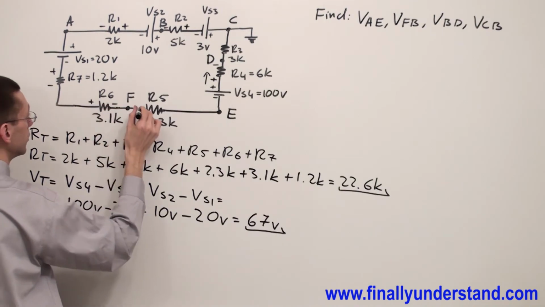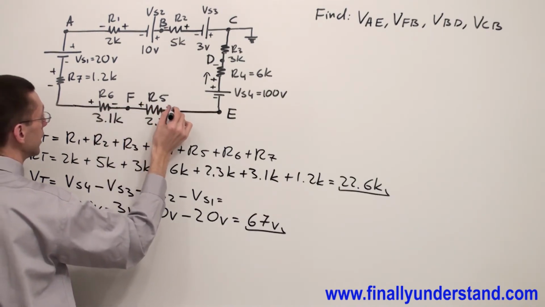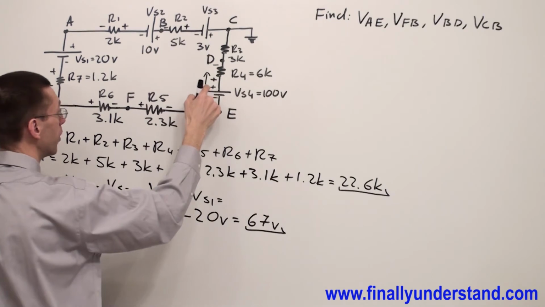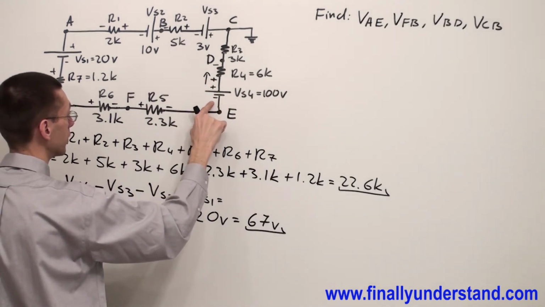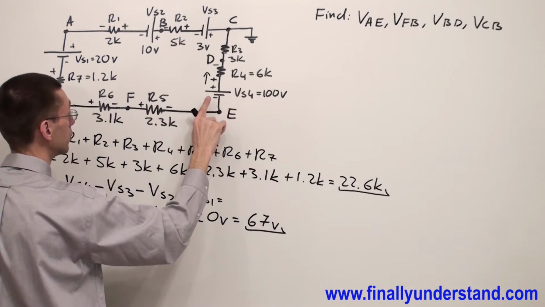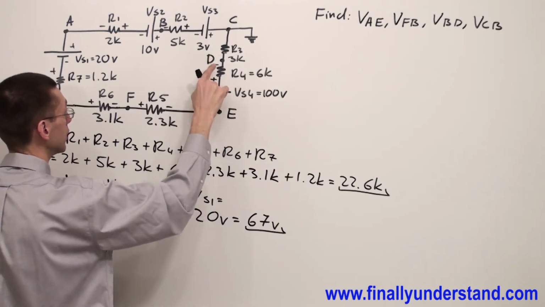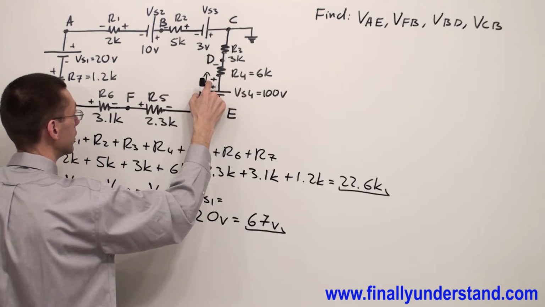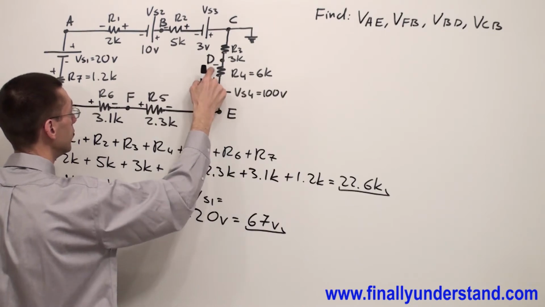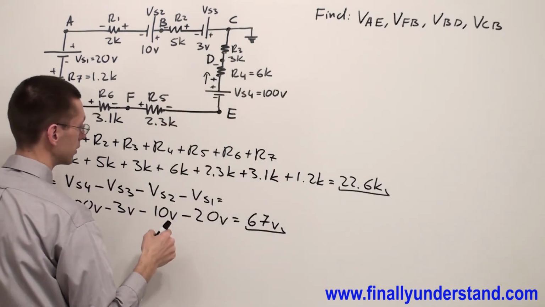One more time. Why did I write positive? Because my strongest power supply will push the current in this direction. Anytime current enters the component, you're supposed to write plus. Anytime it leaves, you're supposed to write negative.